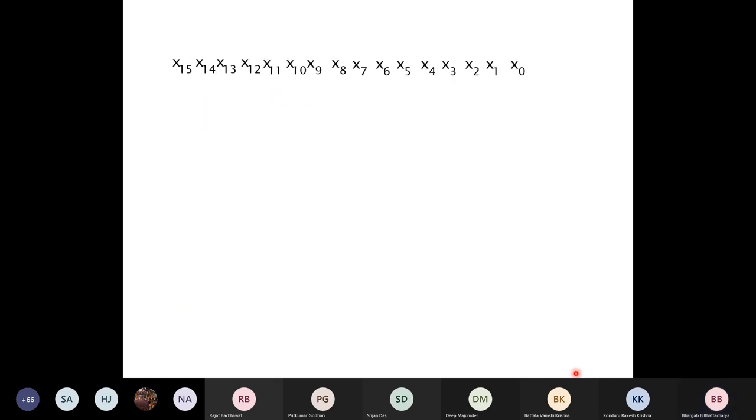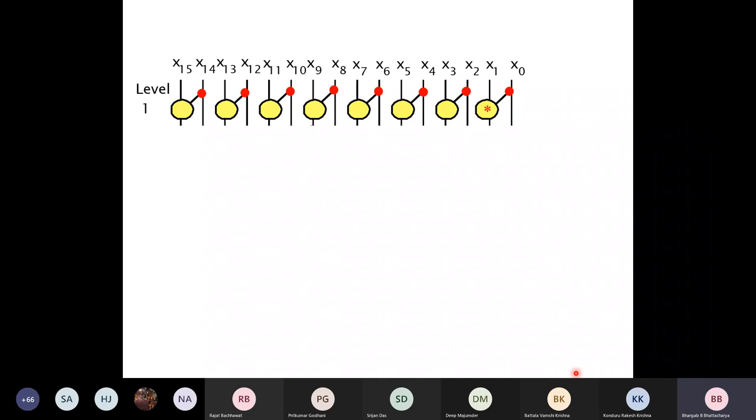So let us see whether you can improve this fan out, and this is what is done in the Brent-Kung architecture. It's more or less a similar thing, but with a little bit of modification.